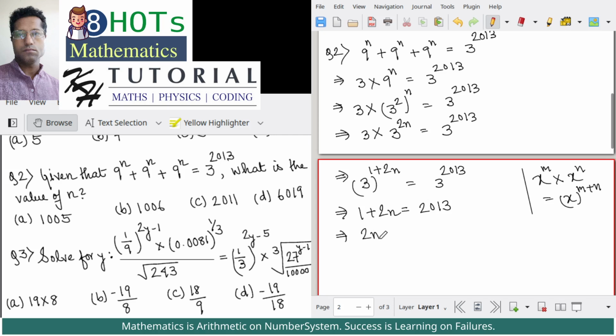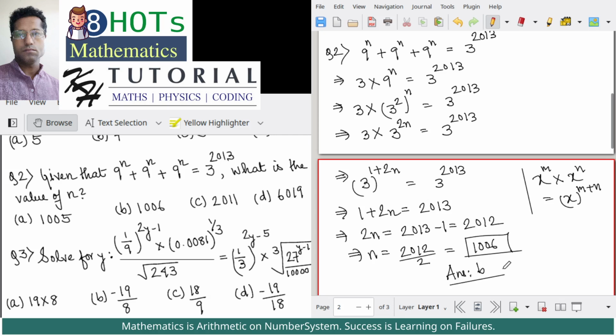So this will imply 2n is equal to 2013 minus 1, which is 2012. So this implies n is equal to 2012 divided by 2, which is 1006. 1006 is the value of n, and hence the correct choice is B. The correct choice is B.